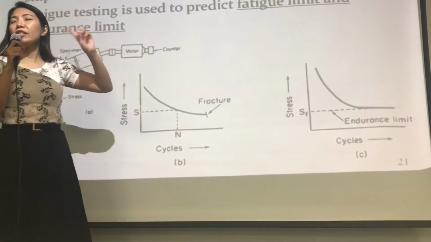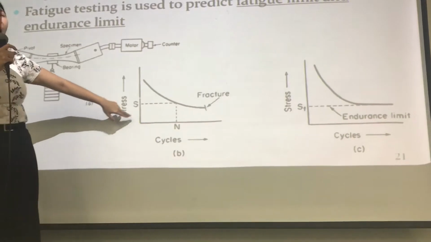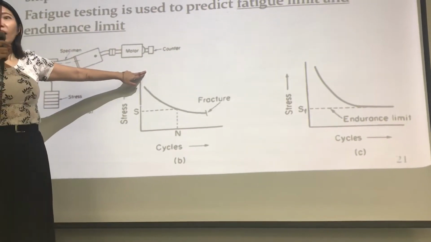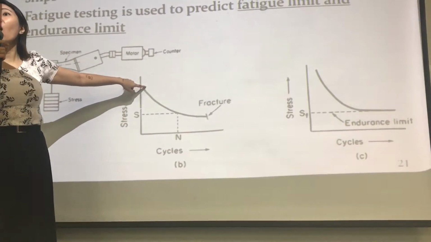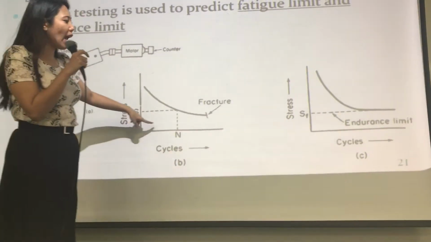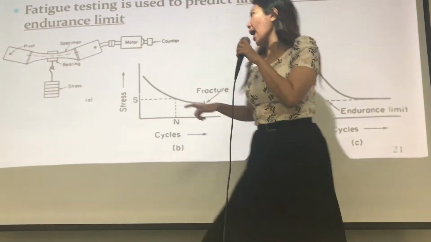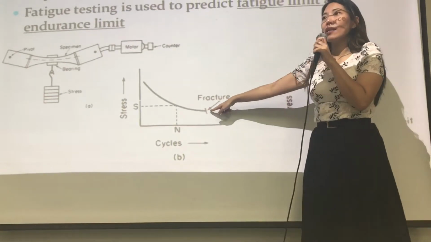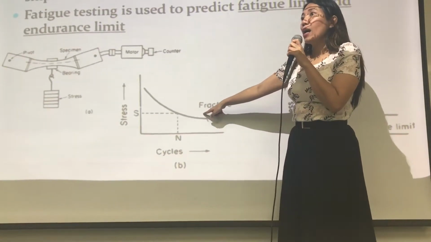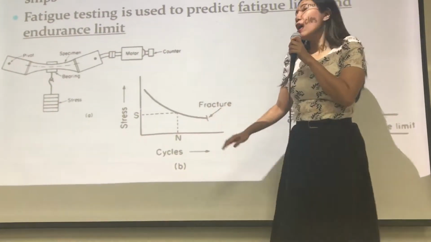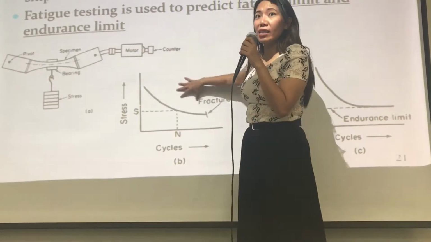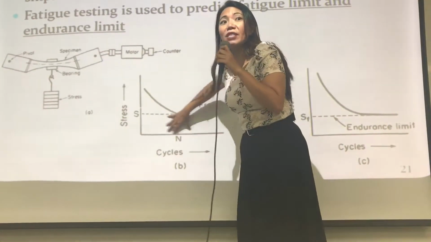When we have the S-N curve, the curve normally looks like that, because it tells you that when we have a higher level of stress, the material will fail at a low number of cycles. If we apply only a low amount of stress, the material tends to endure longer. So this part is the unsafe zone, and this is the safe zone.